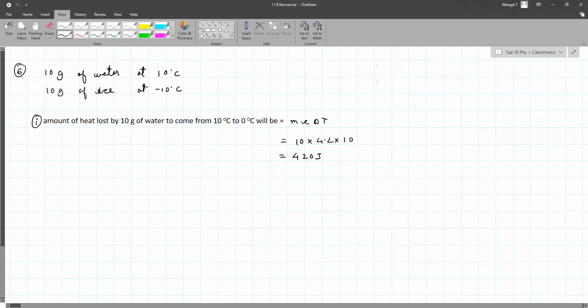So remember this, we had 10 gram water at 10 degrees Celsius. Just a minute, I'll write it neatly because I'll be referring to this. We had 10 gram of water at 10 degrees Celsius.